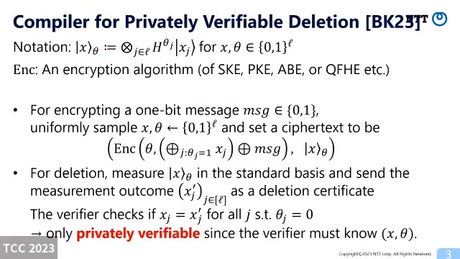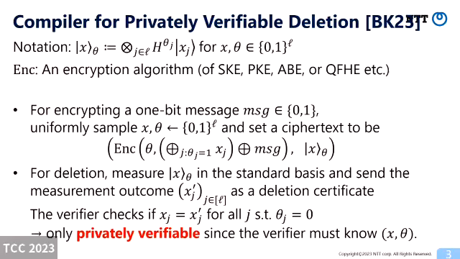For encrypting a one-bit message msg, the encryptor first uniformly samples L-bit strings x and theta, and the ciphertext is described like this. The first component of the ciphertext is an encryption of the basis choice theta and the message masked by the XOR of x_j corresponding to the Hadamard-basis positions. And the second component of the ciphertext is the BB84 state corresponding to x and theta.